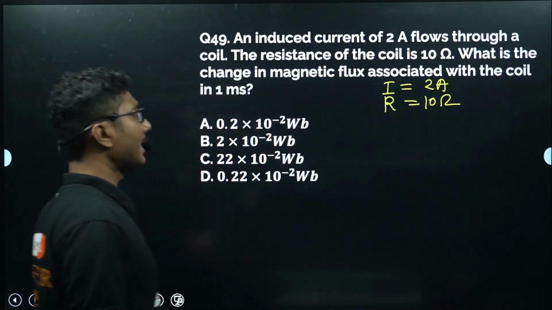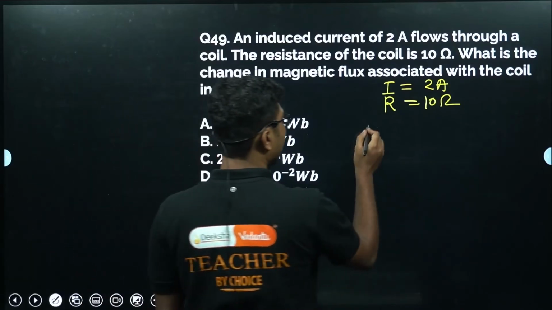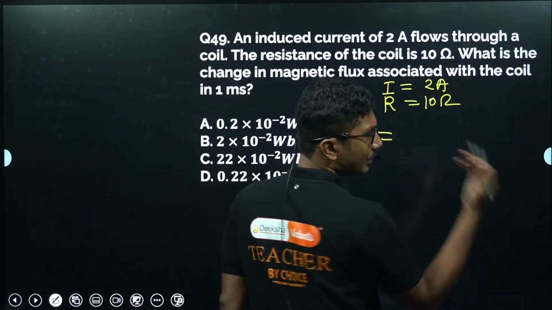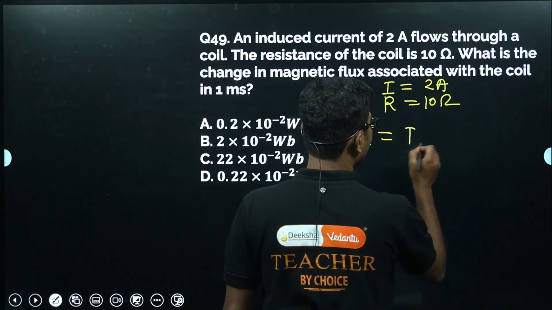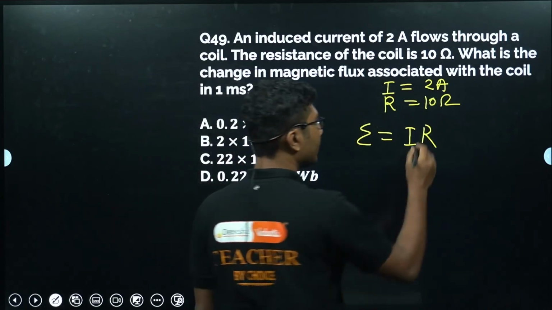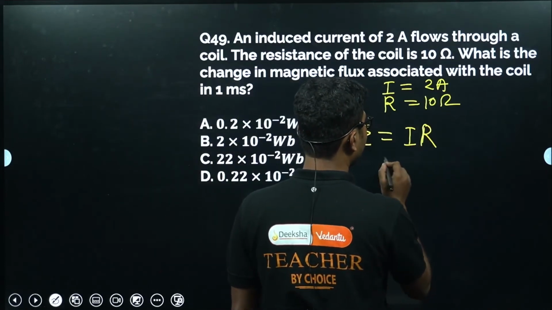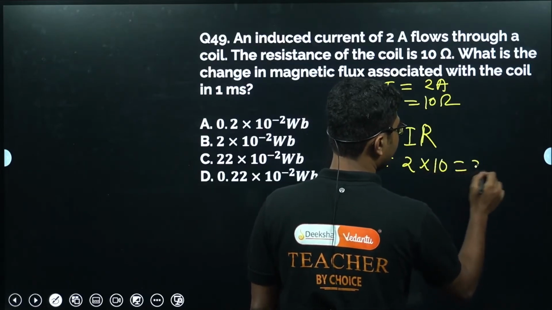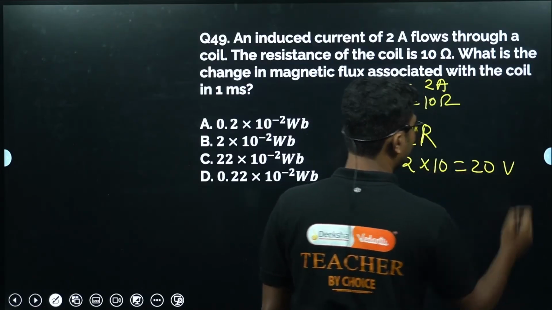Now we know, what is the induced EMF? Induced EMF is given by I into R, obviously, right? Induced EMF is responsible for the flow of the current. So induced EMF will be I into R. I is 2, R is 10, that is 20 volt.